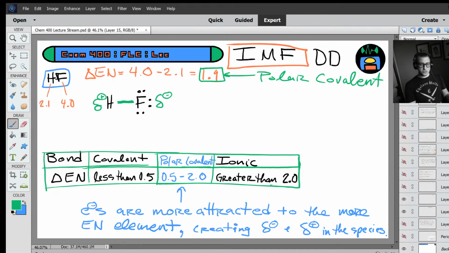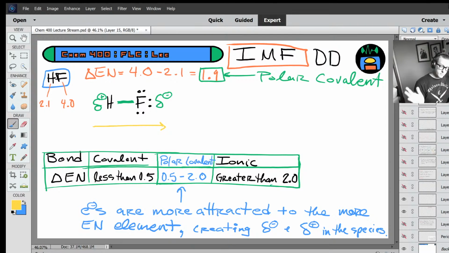These partial charges are one way to depict the electronic imbalance in the molecule. Another way is you draw an arrow, and you put the arrowhead pointing towards the partial negative side, and then on the tail of the arrow, you put a little hatch through it to make it look like a plus sign, and that sits on the partial positive side.